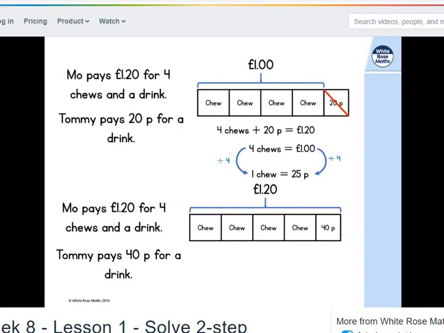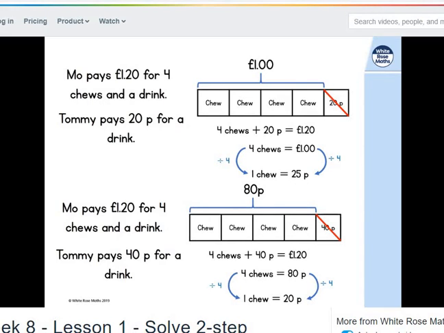But the total cost is still £1.20. So 4 chews plus 40p is £1.20. If I take away the cost of the drink, the 4 chews would be worth 80p. To find the cost of 1 chew, again I divide by 4, which means that 1 chew costs 20p.